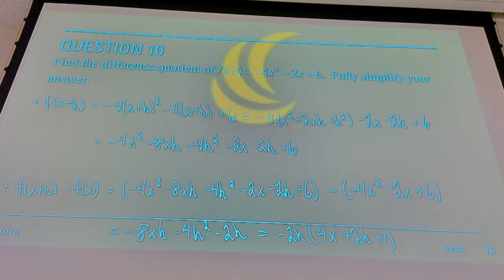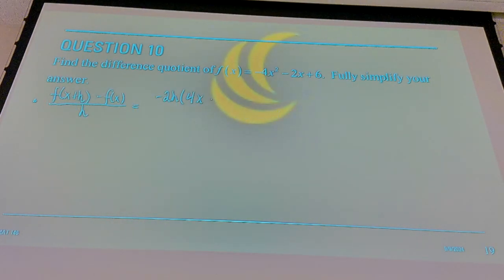It was 4x plus 2h plus 1. h over h is 1. That would be your difference quotient.